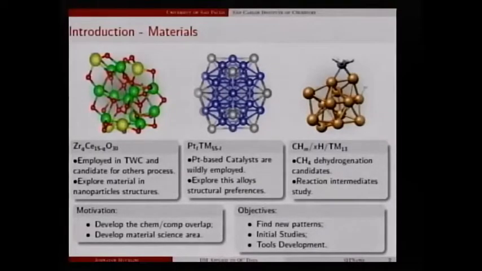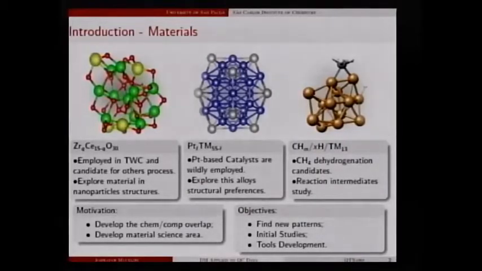It's also employed in catalysis. And the third data set is based on the adsorption and the dehydrogenation of methane on small transition metal clusters.